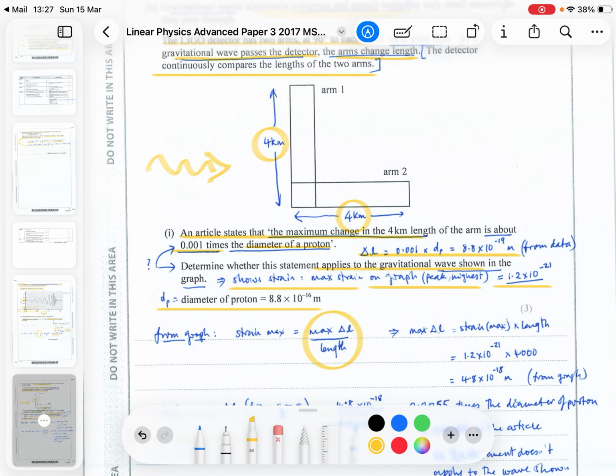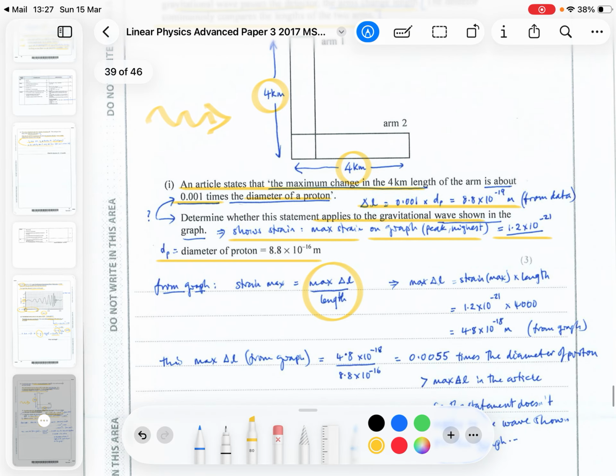We know the length is 4 kilometers. So from the graph we get the maximum strain, and we can then work out the maximum increase in length as the strain times the length, which is 4,000 meters. That's what we got from the graph.